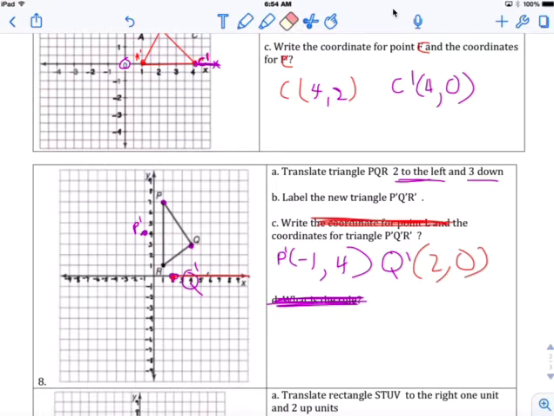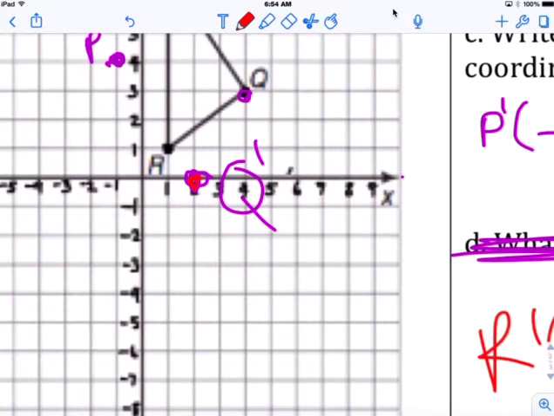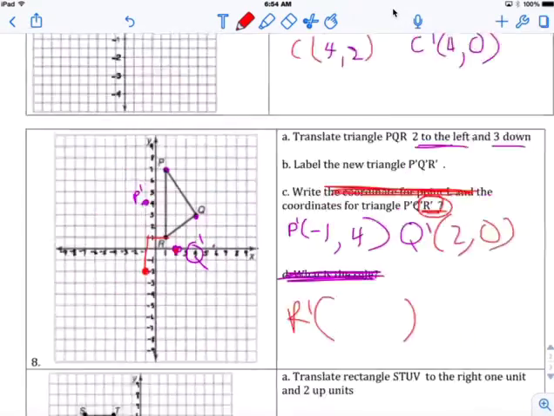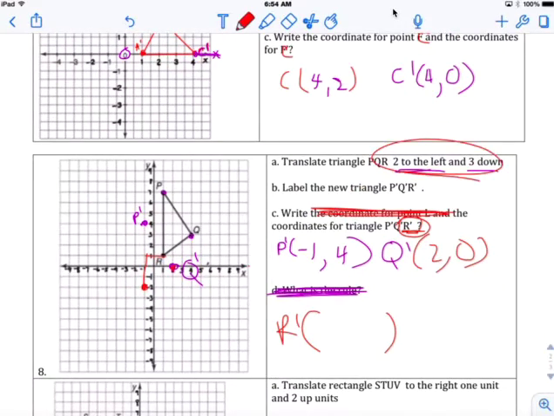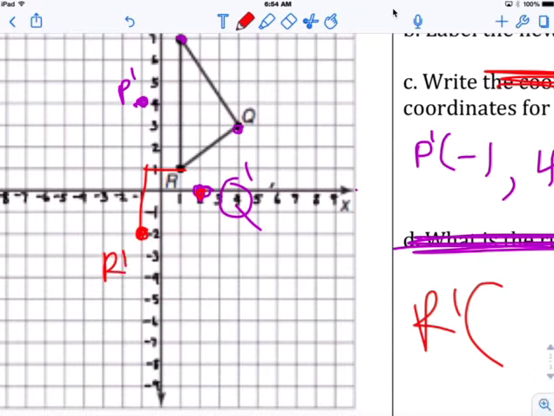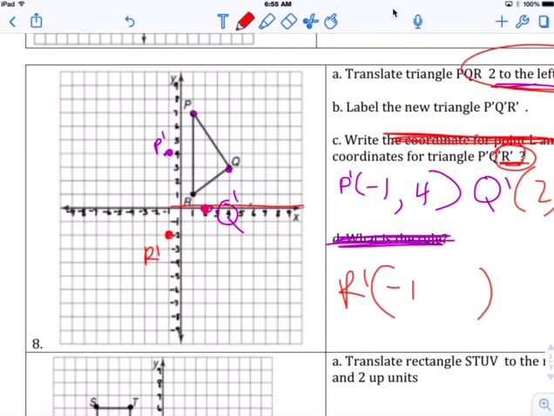Didn't go up or down. Alright, and then our next letter is R, right here. R prime, 2 to the left and 3 down. That's what it says here. R prime. Going to the dot goes to -1, it's down to -2.